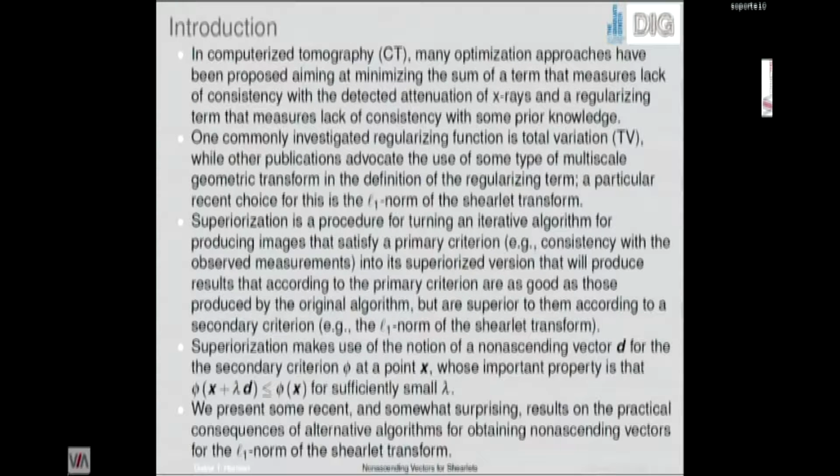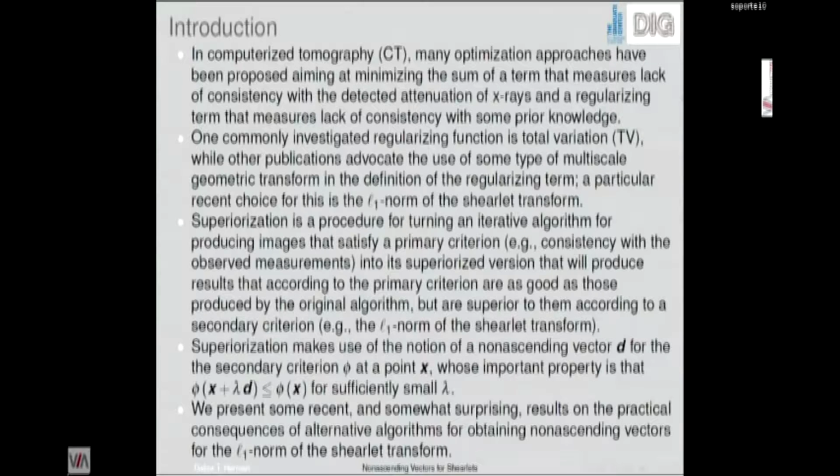And the idea of superiorization, if you have an iterative algorithm to produce a feasible image, superiorization is a general approach which will turn that iterative algorithm into one which will give you an image which is as good as the original algorithm from the point of view of being consistent with the measurements, but in addition, it will also be good from a point of view of a secondary criterion, such as total variation or the L1 norm of the Shearlet transform.